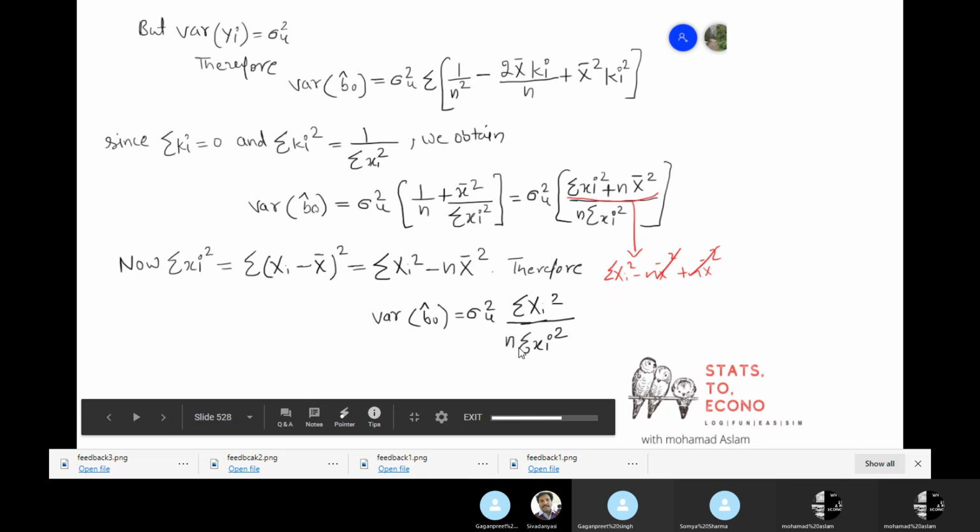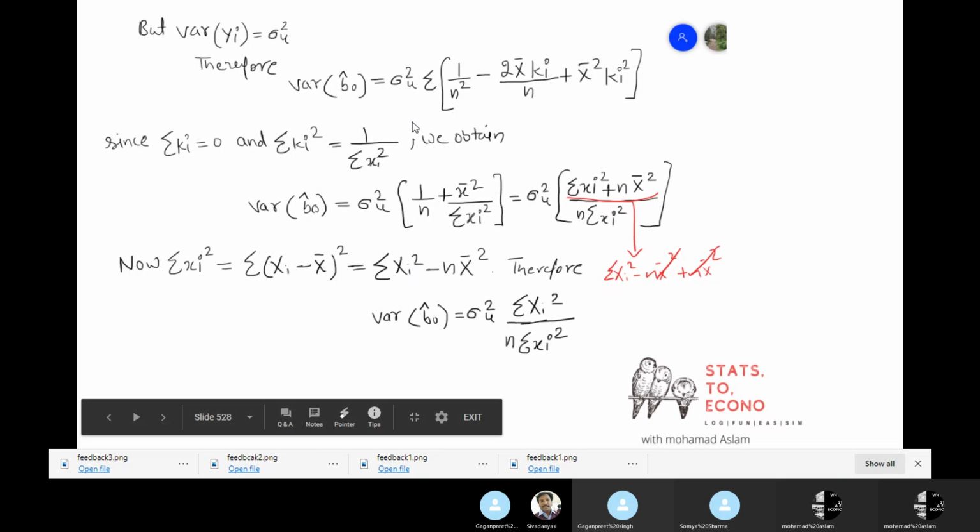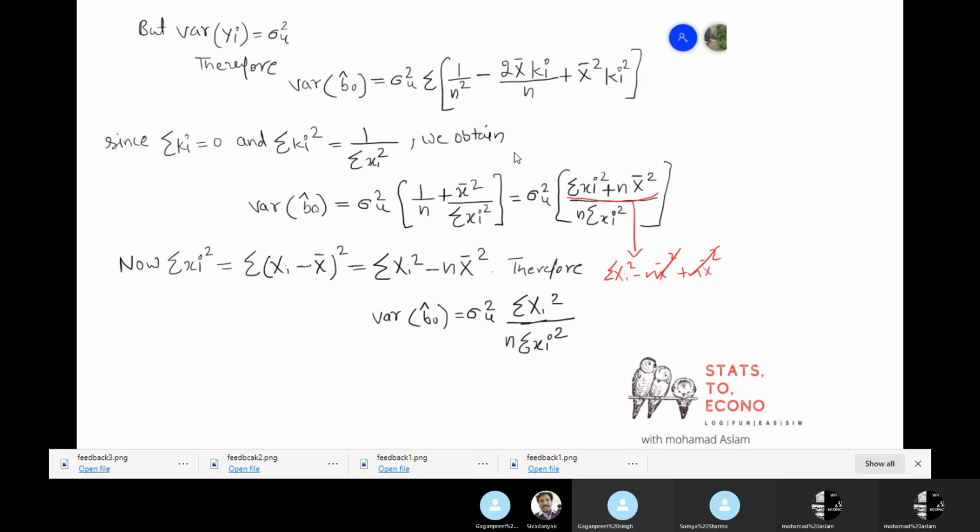Any doubt in this particular variance? Although last time I showed you that with the matrix method these individual derivations are not required, still if anyone has any doubt. This particular term becomes 0 because of the summation ki. With the summation of the constant it's n, so n by n square is 1 by n.